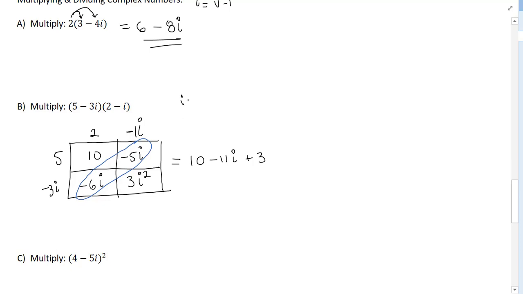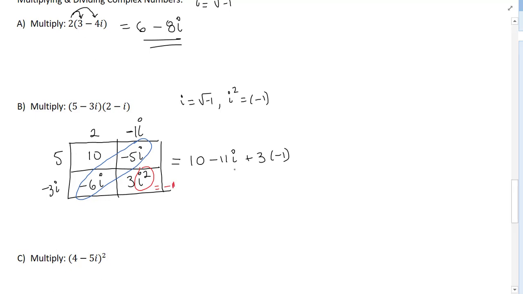But remember, i is equal to the square root of -1, so i squared is equal to just -1. So I'm going to have 3 times -1 here. Instead of i squared, replace i squared with -1.